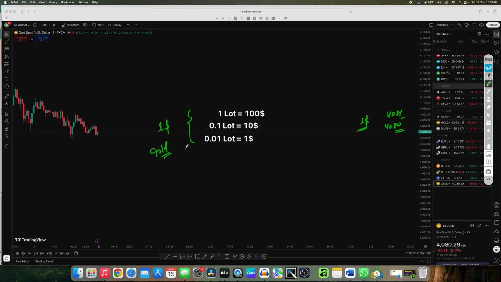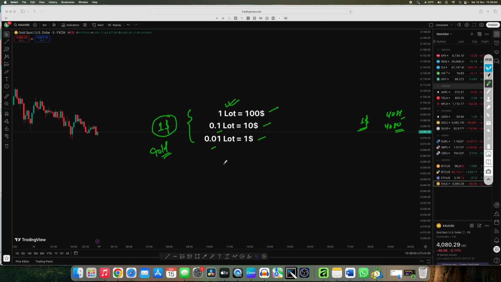If you are trading with 1 lot, it will show a profit or loss of $100. If you are trading with 0.1 lot, it will show $10. And if you are trading with 0.01 lot, it will show $1. This is for a $1 spot movement.